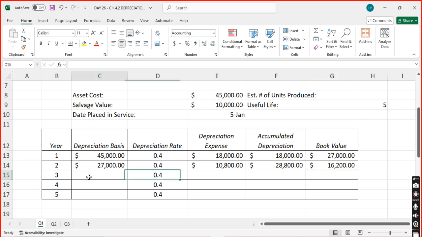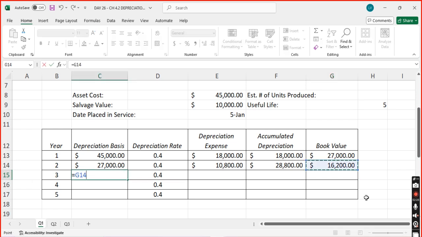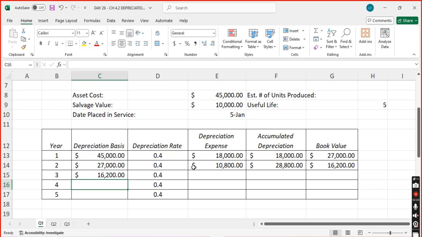So then, third year, 16,200 times 40% will give you 6,480, which will give you a total accumulated depreciation of $35,280, which will give you your ending of the year book value to be $9,720.